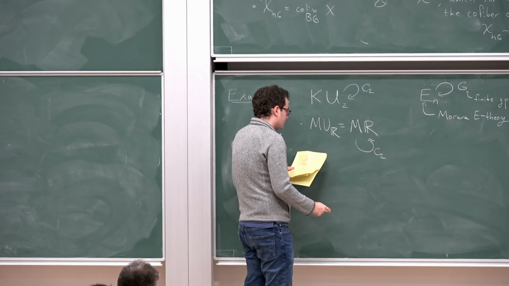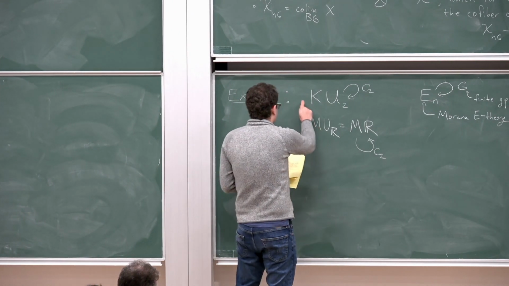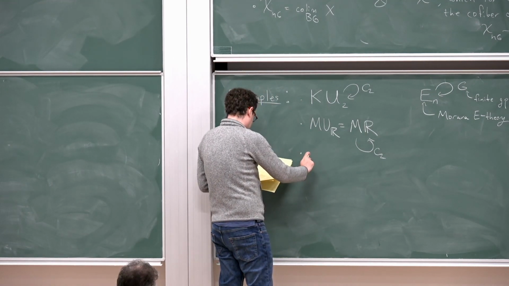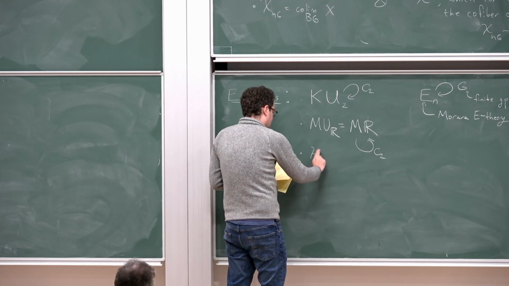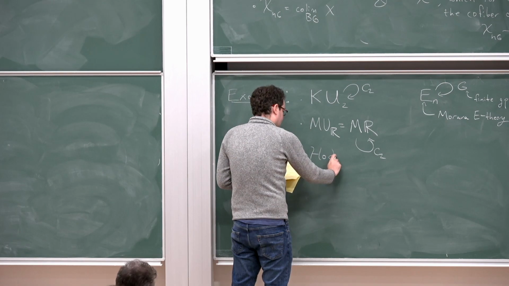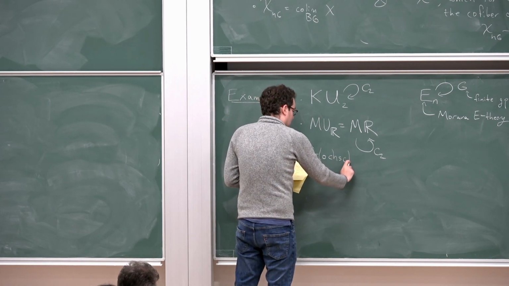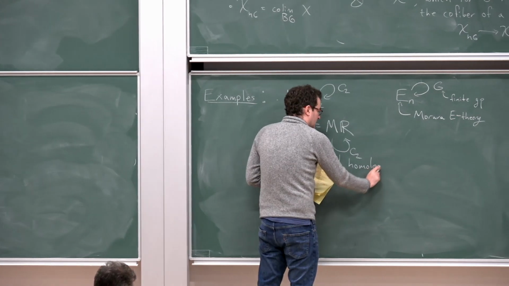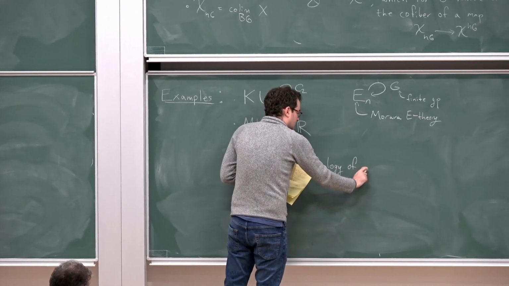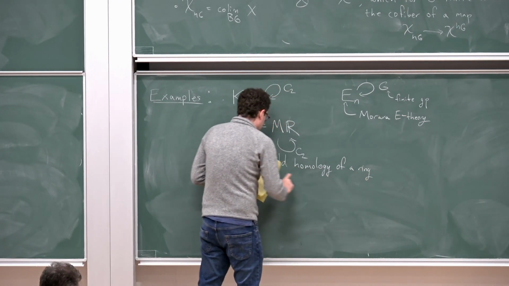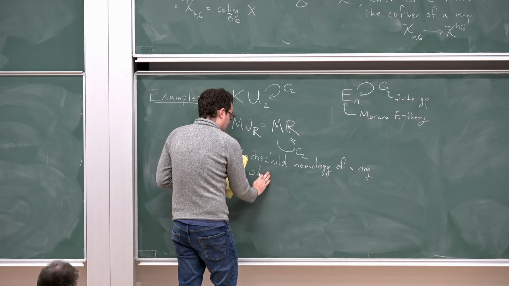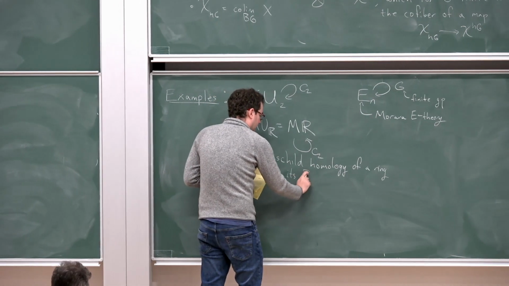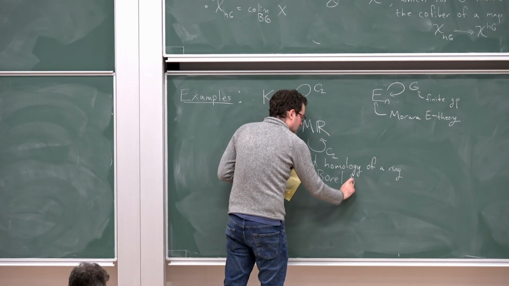And right, the other basic example that comes up a lot in my areas of study has been Hochschild homology of a ring with its Borel S1 action.